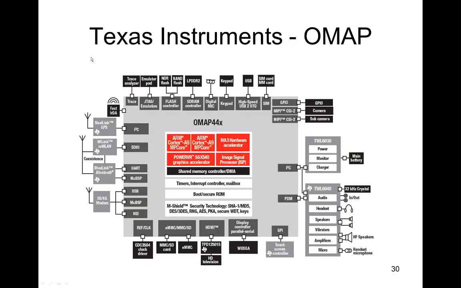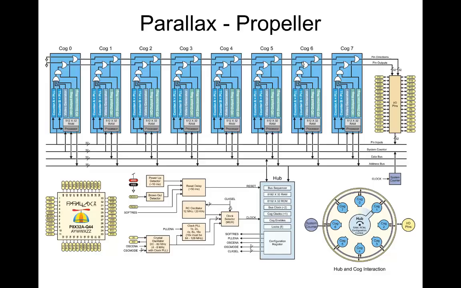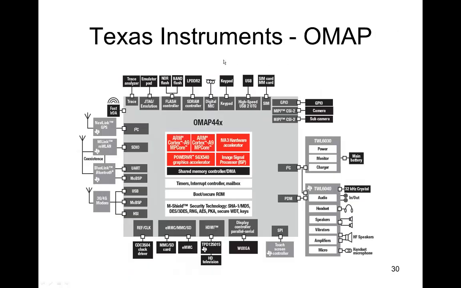Okay, so Texas Instruments had the OMAP architecture. So this is the OMAP 44X. They have two ARM Cortex A9s here. These are high speed, can be up to like a gigahertz. These are microcontroller cores that they license from ARM, Acorn research machines out of England. And then they have a graphics accelerator here and an image signal processor.